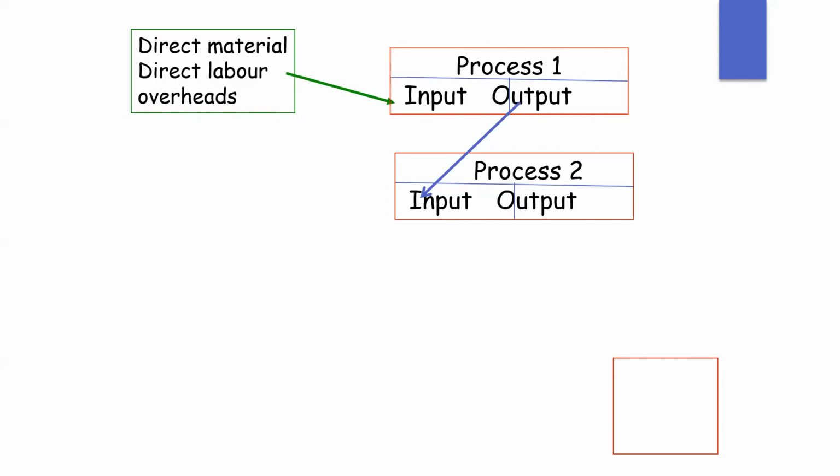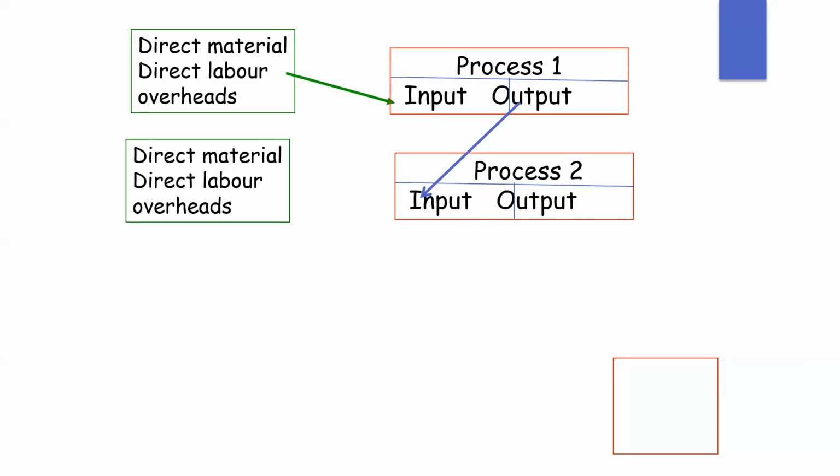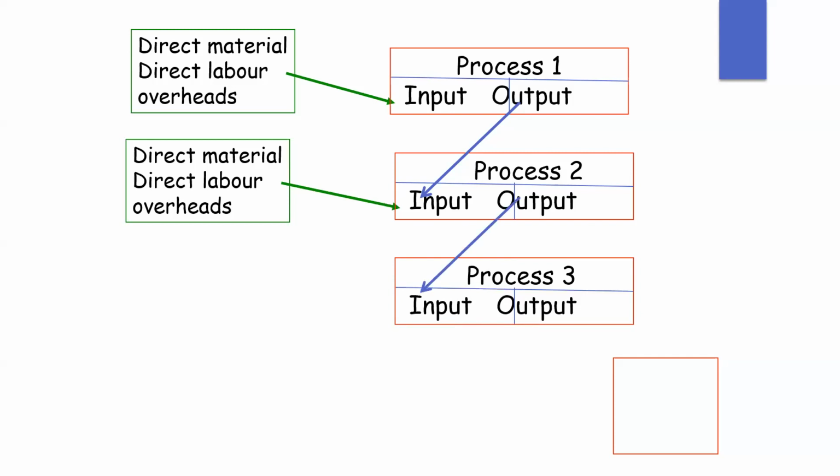At the same time, we are going to put additional direct materials, direct labor and overheads as input in process 2 as well. Once the process is complete, the output of process 2 will be sent to process 3 as input.